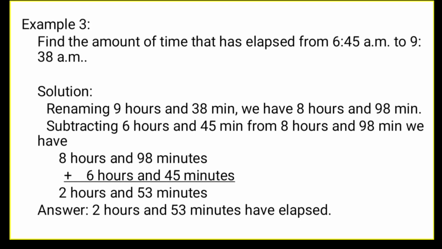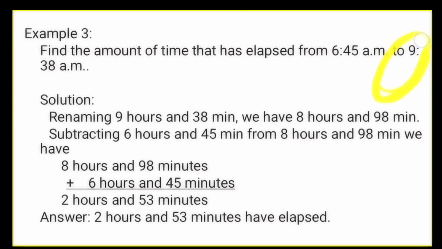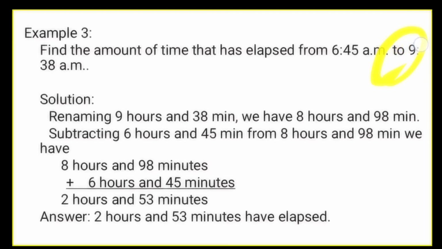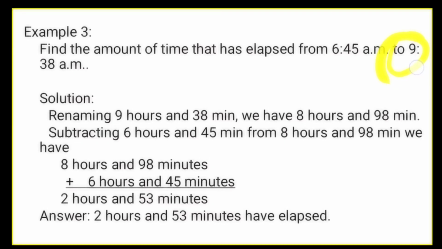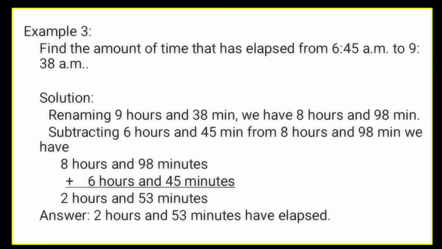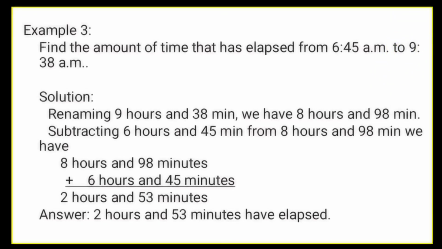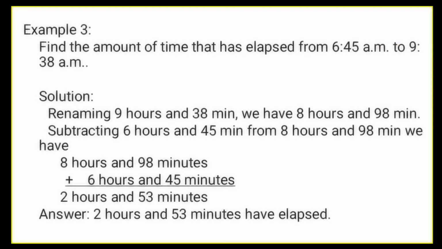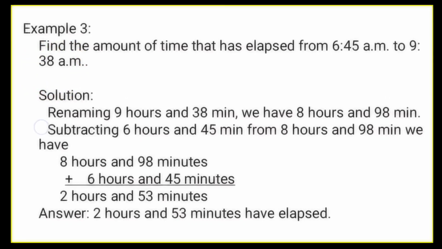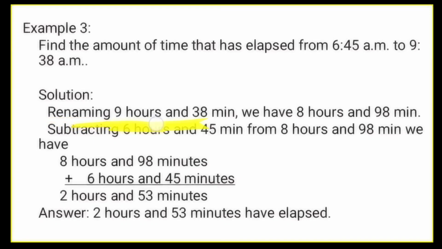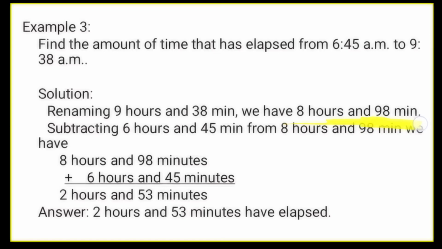Therefore, we have to borrow 1 hour from the 9. We all know that 1 hour is equal to 60 minutes. So 60 plus 38 is 98. So we have to rename 9 hours and 38 minutes to 8 hours and 98 minutes.